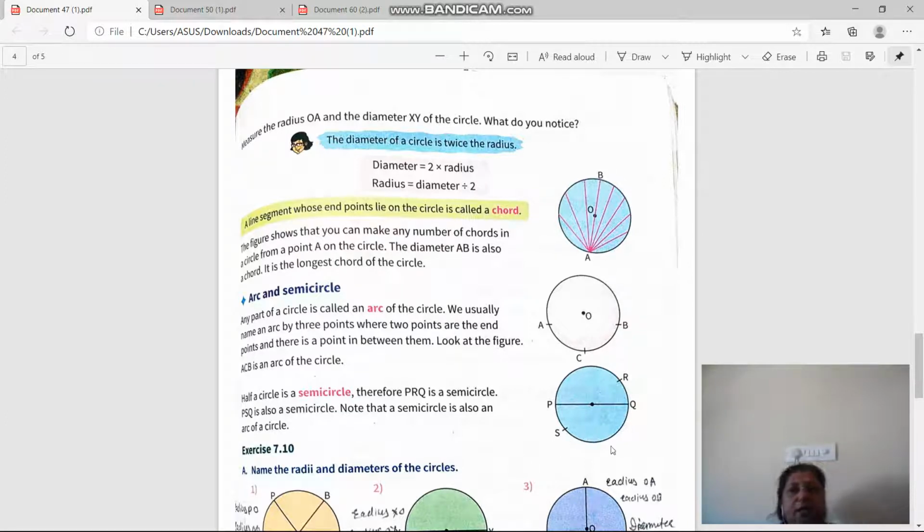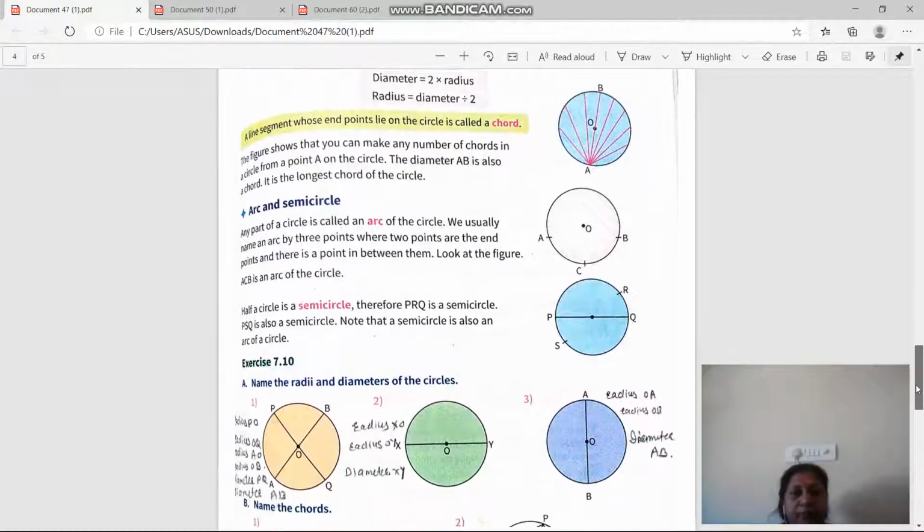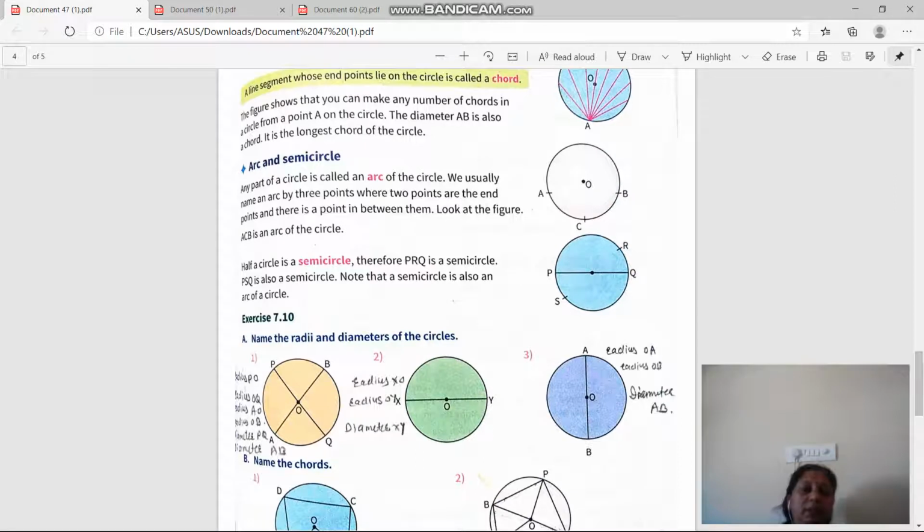Get it? So let's see exercise 7.10. Name the radii of a circle. Here we have to tell both radius and diameter. In the first figure, OA, OQ, OB, OP are the radii of the circle, and PQ and AB are the diameters. In the second figure, OX and OY are the radii, and XY is the diameter.